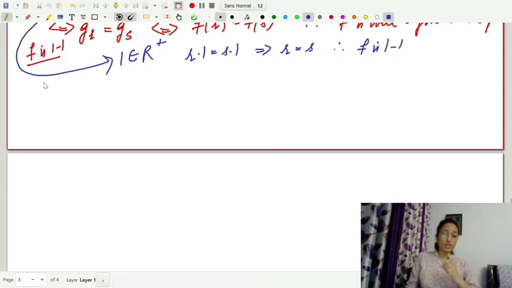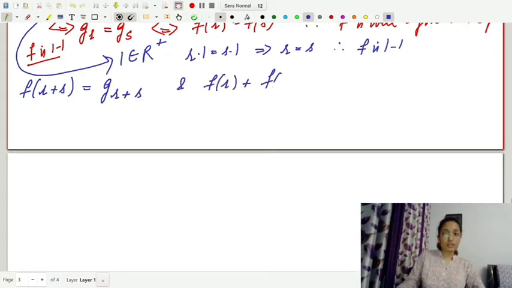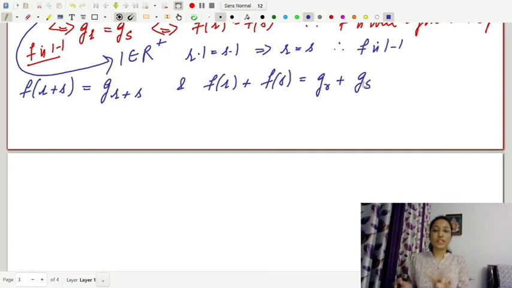We need to show that it is a ring homomorphism. For that we need F(r + s) is equal to g_(r+s), and F(r) + F(s) is equal to g_r + g_s. अब इन दो मैप्स को इक्वल शो करने के लिए हमें क्या चाहिए होता है?